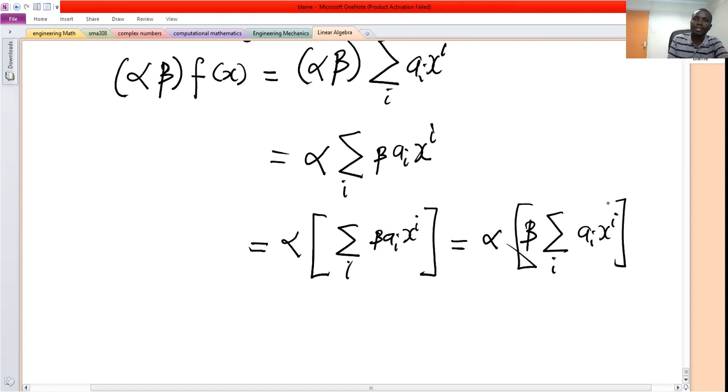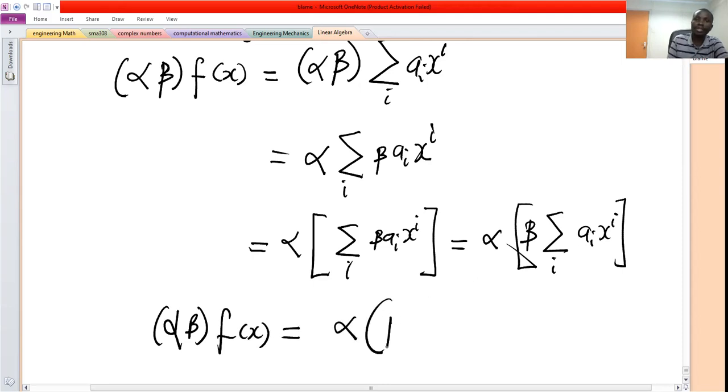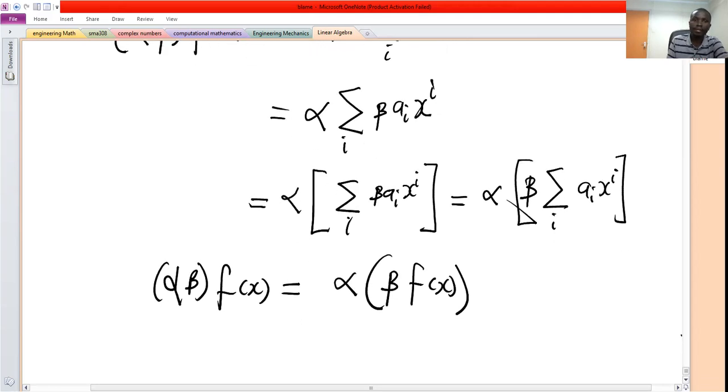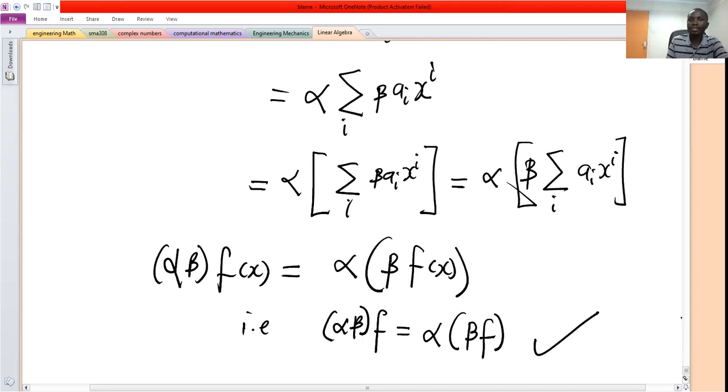And you see this summation is what defines f(x). So (alpha beta) f(x) equals alpha times (beta f(x)), i.e., if I take alpha beta and multiply by f, I get alpha times beta f. So associativity holds.